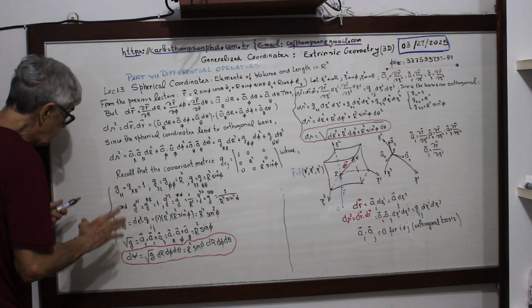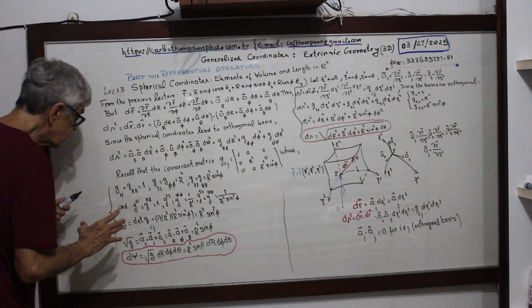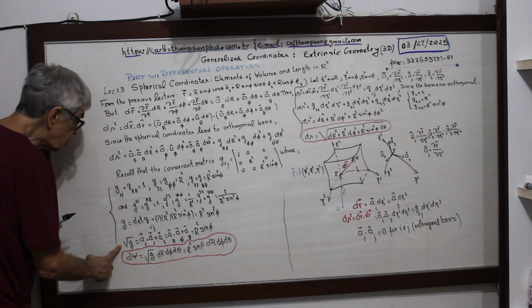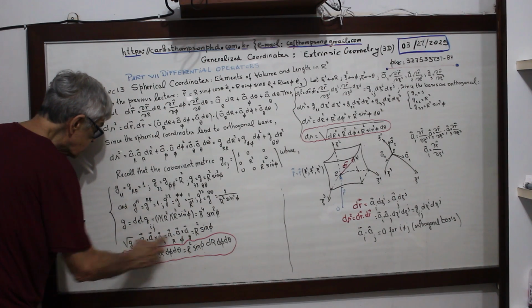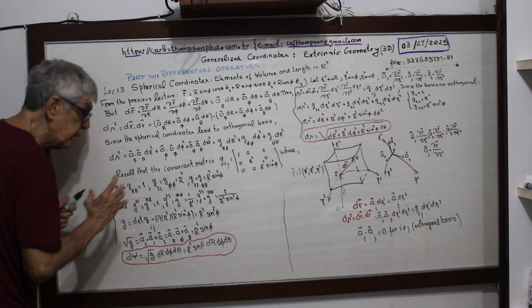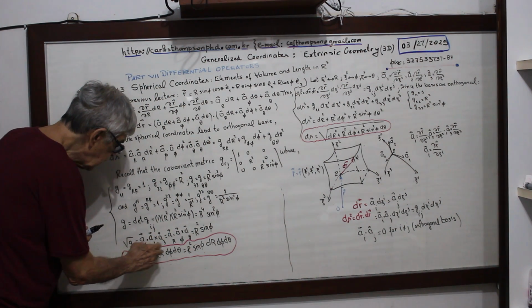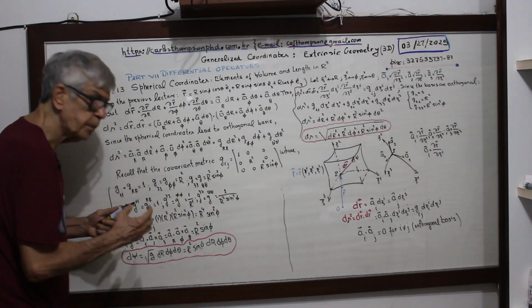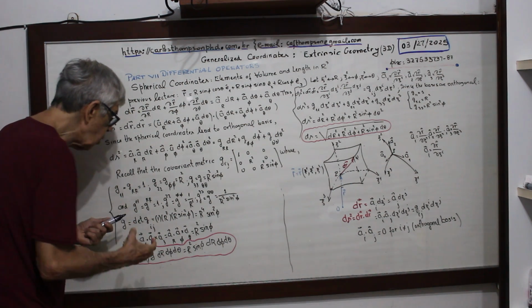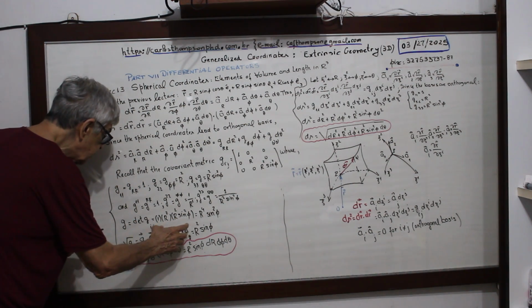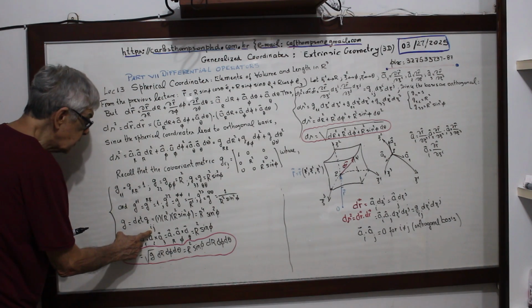Now, one very important result, okay? Square root of G, we already did this, okay? It is the mixed product. This is dot product, this is cross product. We call it the mixed product. This is exactly the determinant of G_ij.